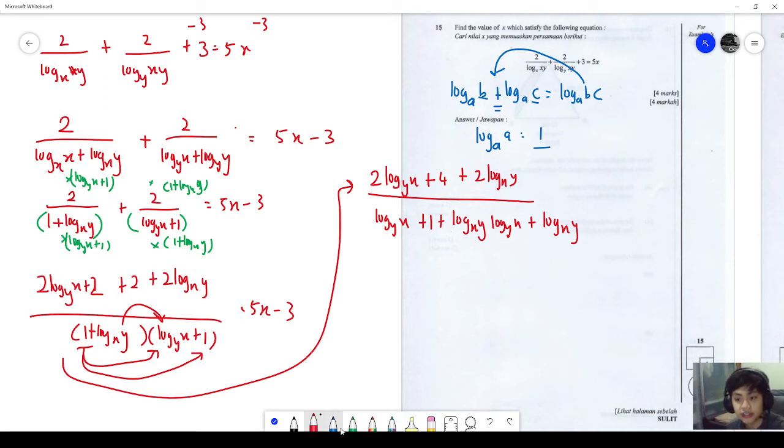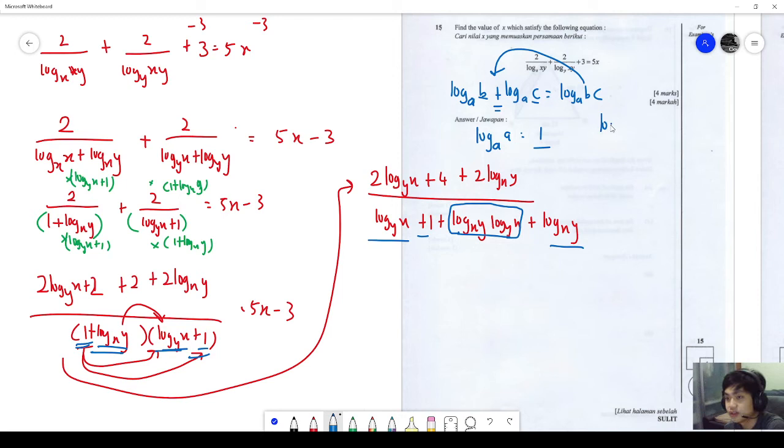Let me just cross check to make sure. 1 times log_y(x) will give us log_y(x). 1 times 1 provides us with 1. Log_x(y) times log_y(x) is log_x(y) times log_y(x), and log_x(y) times 1 will give us log_x(y).